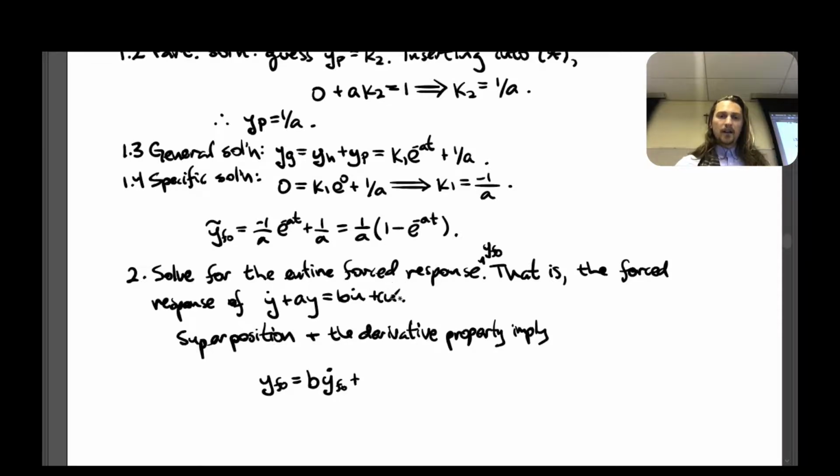There was a C there, CU, plus C times Y forced response. So if you multiply the input by C, multiply the output by C. If you add two components of the input together, you just add the two components of the output together. So that is superposition, and then this was the derivative property here, where if you differentiate the input, you can just differentiate the output.